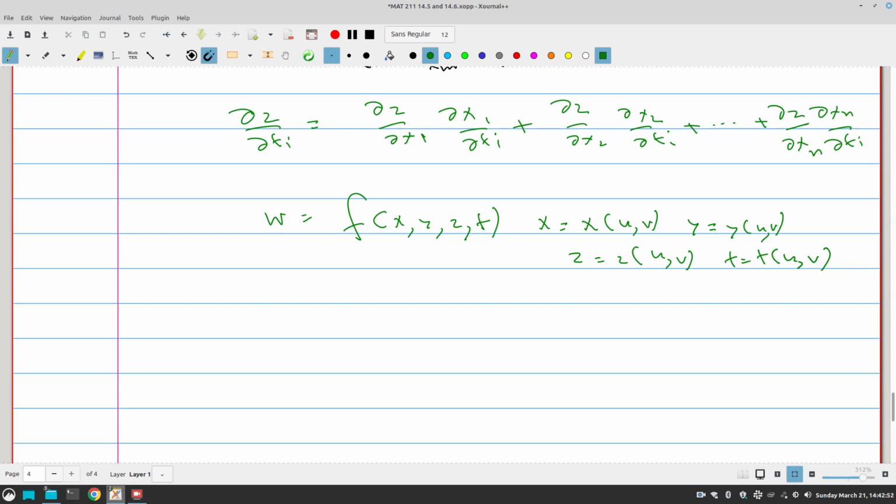We want to find, let's say, partial w over partial u and partial w over partial v. How do we find this?